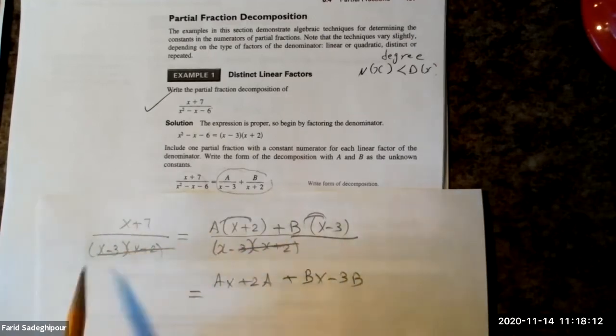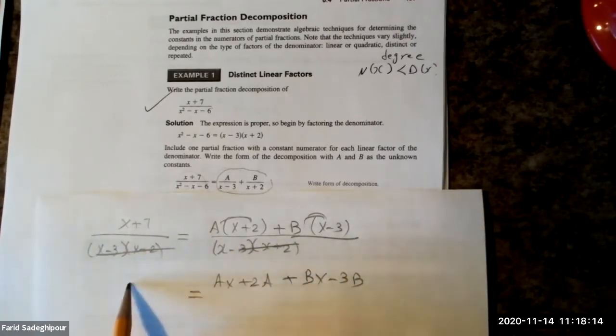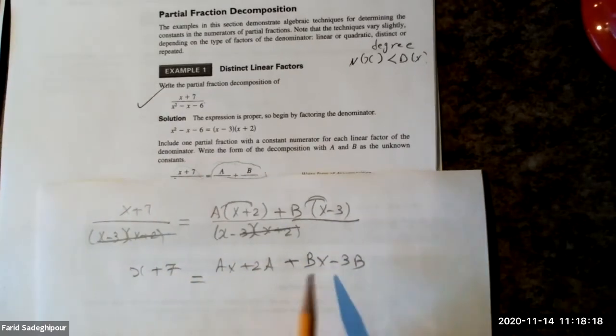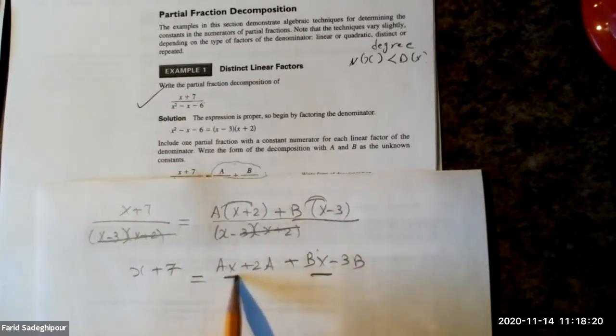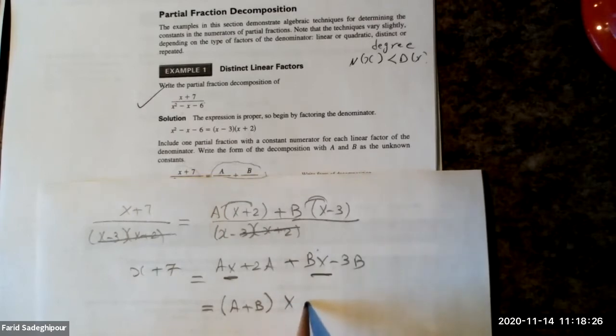See, the denominators can cancel. You don't need that anymore. So this is what you have on each side. And then you factor x out, so (a plus b)x plus 2a minus 3b is equal to 1x plus 7.